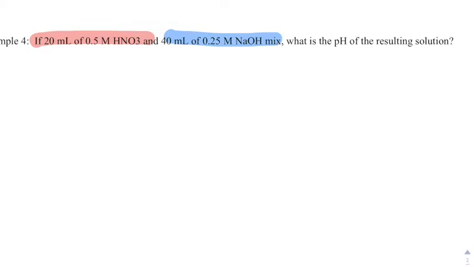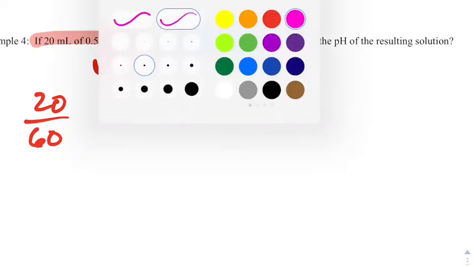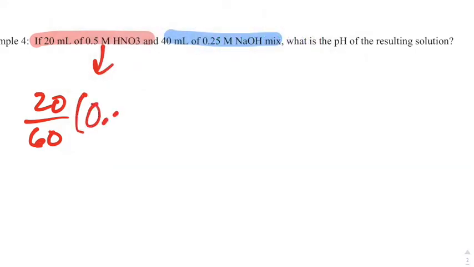Well, in order to do this, once again, what we have to do is cross-dilute each of these guys. So my strong acid here is going to be 20/60ths. Again, where does the 60 come from? The 60 comes from the fact that I have 20 and 40 that are now being added together. So the 20/60ths is going to be my dilution factor. So it's going to be 20/60ths of 0.5 molarity for my acid.